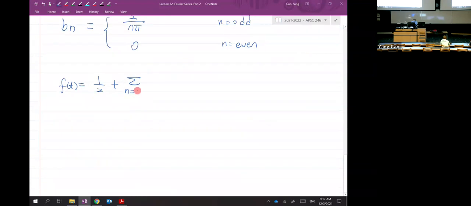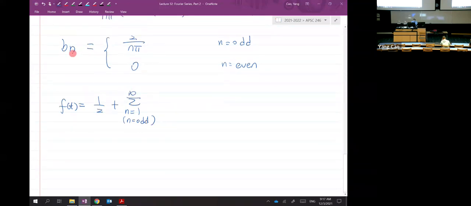So you can start with n equal to 1, but n is just odd numbers, right? When n is even, the term does not exist. So n equals odd up to infinite. Then what is Bn when n is odd? It's 2 over n pi multiplied by sine n pi t. There's no an. There's only one term within this summation sign.